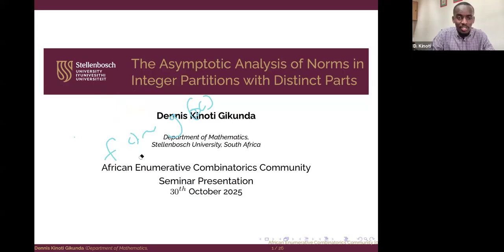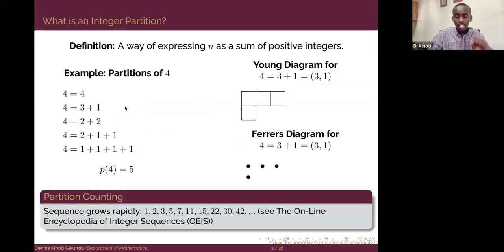We say that these two functions are asymptotically equal if the limit of their quotient as x approaches infinity is equal to 1.